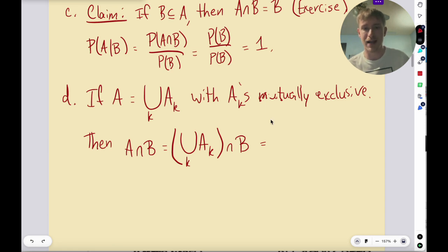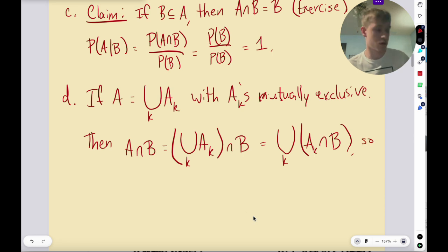The union structure still stays there, but then we're going to have A_k intersect with B. So what does that mean? Well, it means that the probability of A intersect B is just the probability of this union.